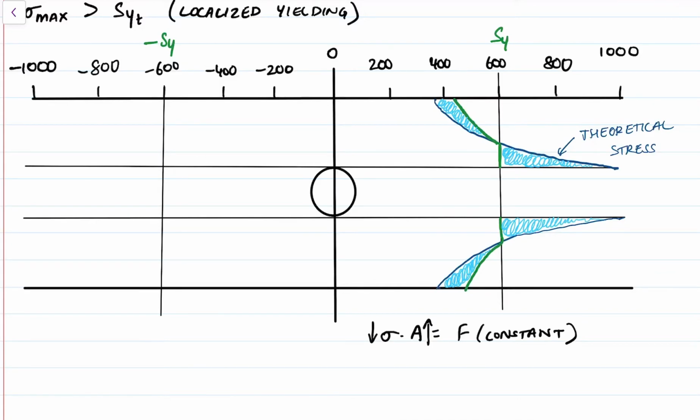And again, the green line here is the actual stress. Okay, so finally we can say that the stress distribution during loading, actual during loading, is in green, and will look something like this.